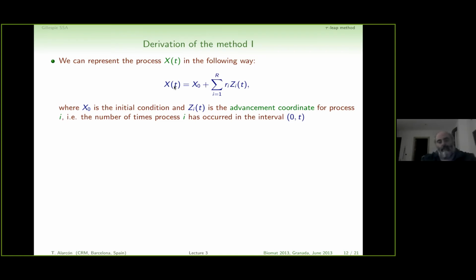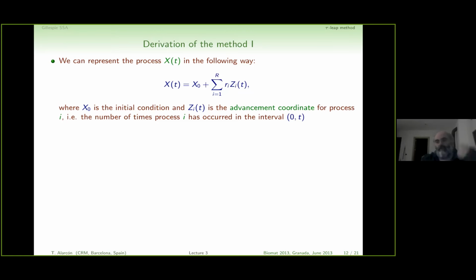So at time t, the number of individuals in the system would be the number of individuals at time 0 plus the number of births multiplied by +1.